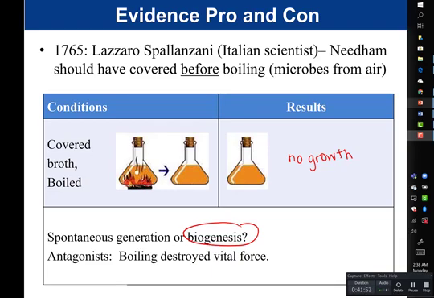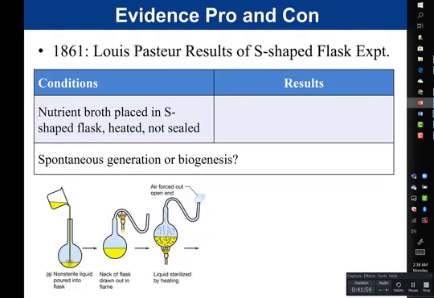So there was another experiment after this. In 1861, Louis Pasteur did an experiment using this S-shaped flask. What he did was he took this broth, this non-sterile liquid, and poured it into a flask.